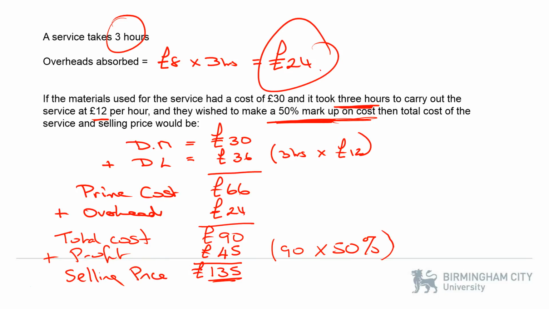So provided their calculations are correct, if they charge £135 for a service, they will make £45 profit, and the cost in terms of material, labour and overheads of providing that service is £90. So we've used our overhead absorption rate to work out how to absorb or add the overheads to the prime cost.